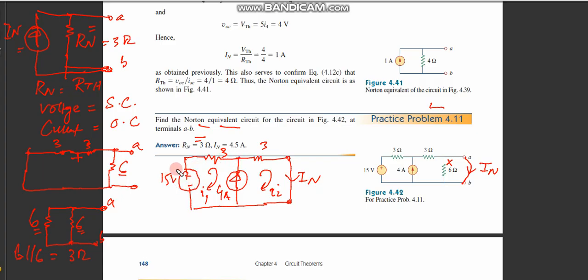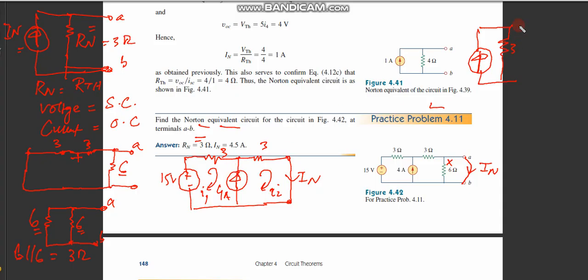Over here, a 15 volt source and 3 ohms, I can convert into a current source. So if I convert into a current source, this is my current with direction, with the positive terminal over here. This 3 ohm resistor would be shifted to parallel.